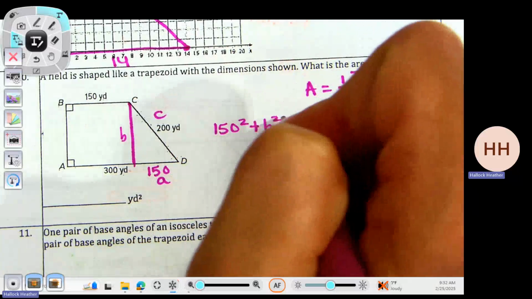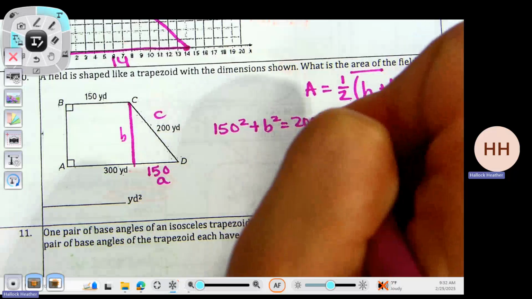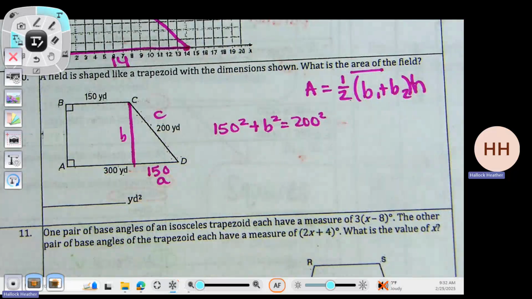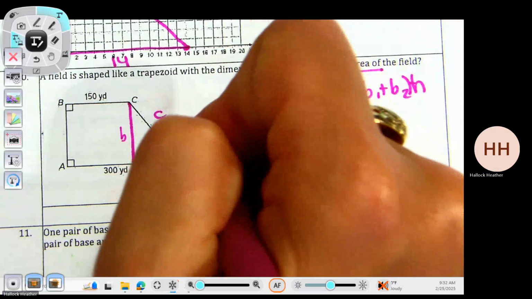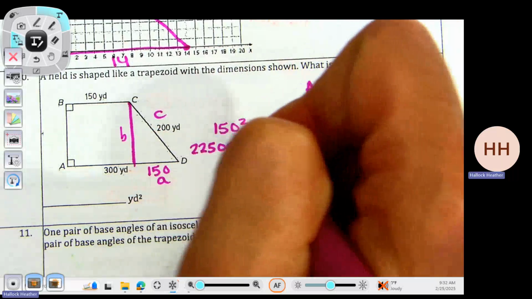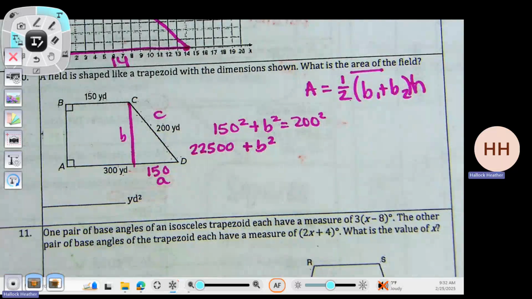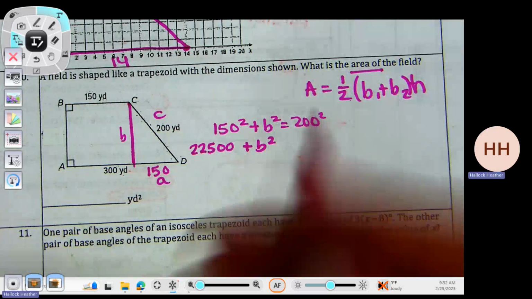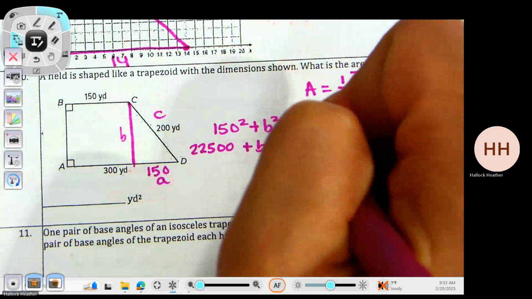So I'm doing 150 to the power of 2 plus B squared equals 200 squared. So 150 to the power of 2 is 22,500. 200 squared is 40,000.